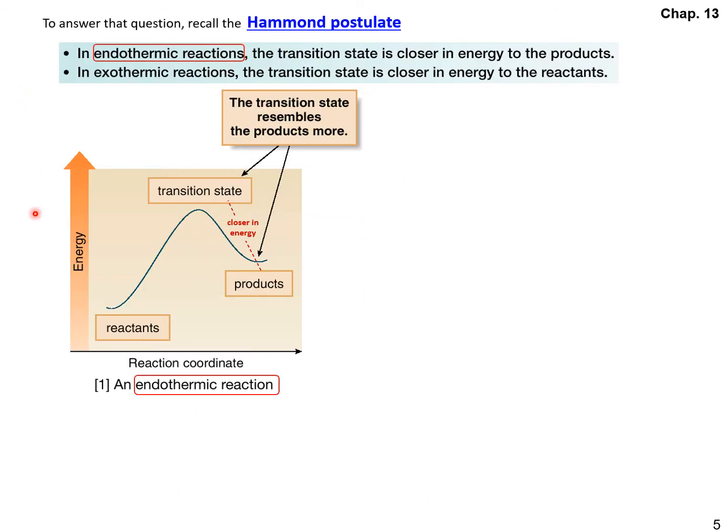This is the reaction energy profile of an endothermic reaction. The transition state structure is closer in energy to the products than it is to the reactants. And the Hammond postulate states that the transition state structure would then resemble more the products than it would the reactants.